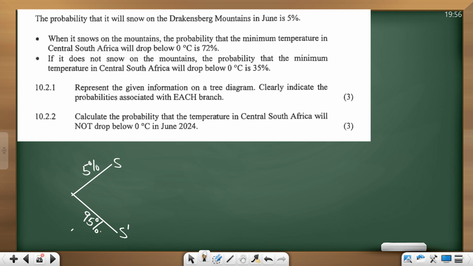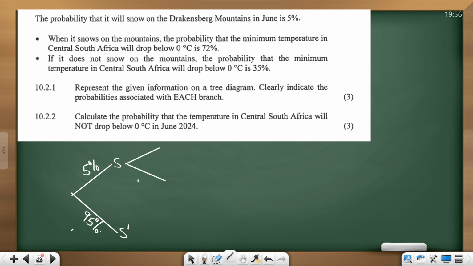When it snows on the mountain, the probability that the minimum temperature would drop below 0.